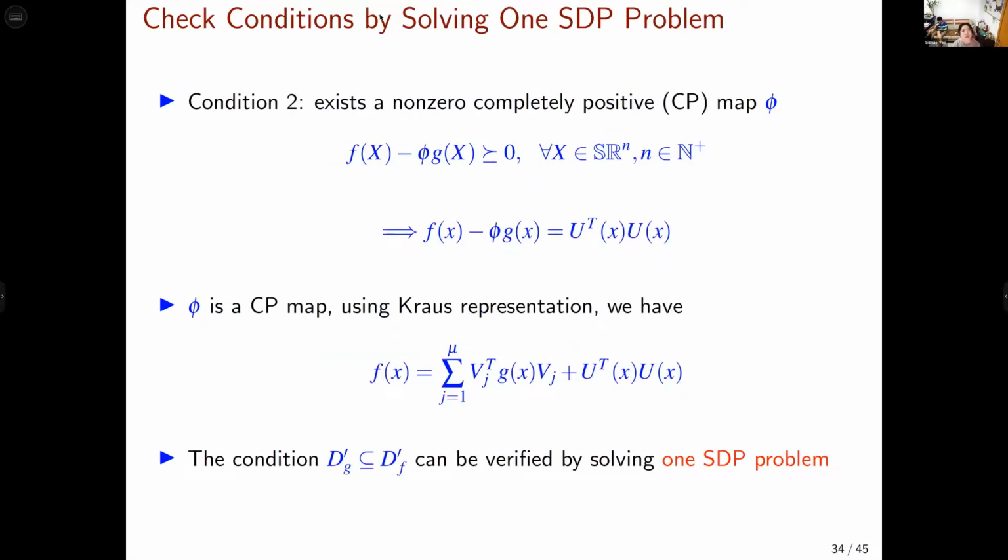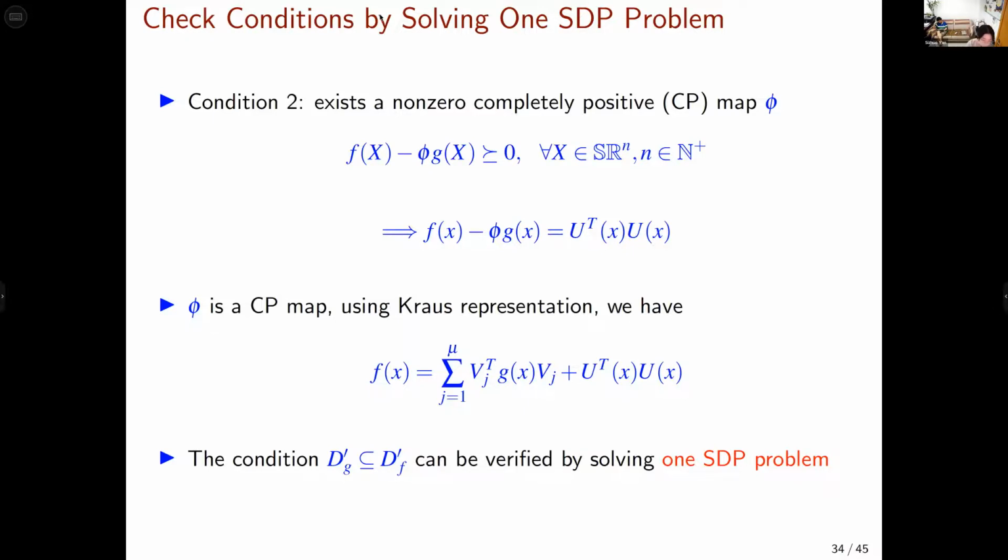And then we know we have condition 2: there exists a non-zero completely positive map phi such that F minus phi of J is positive semi-definite. And depending on our factorization of the positive semi-definite polynomial and the cross representation, we can write F as such an SOS representation.